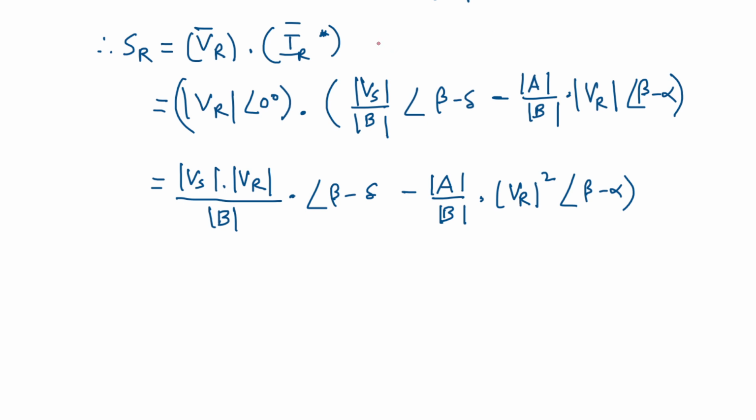Now complex power has two parts, one is active power and another one is reactive power. Active power, the real part, is the cosine component.